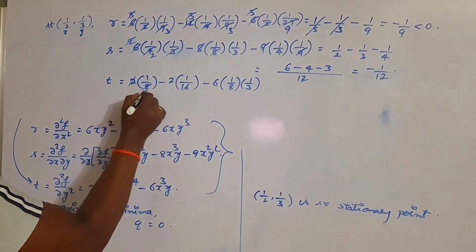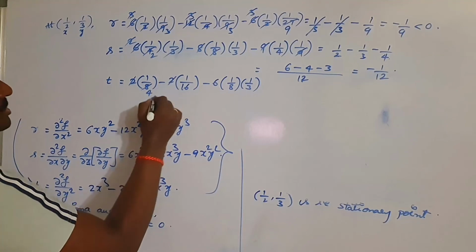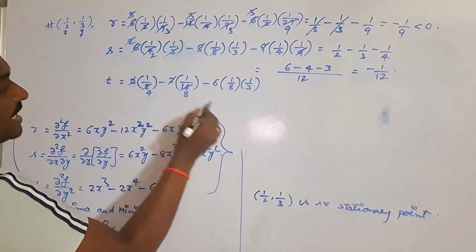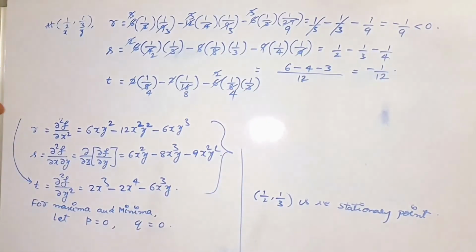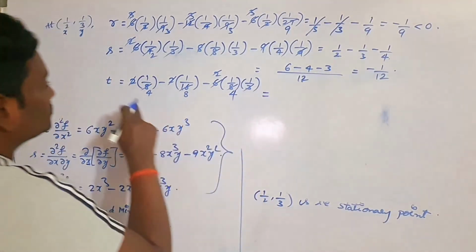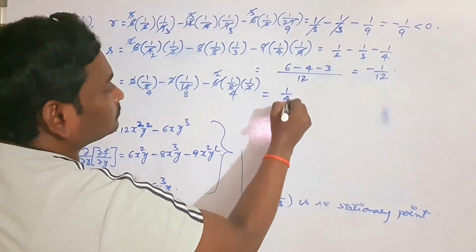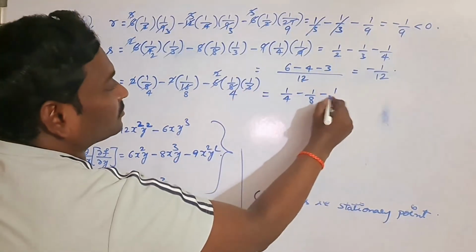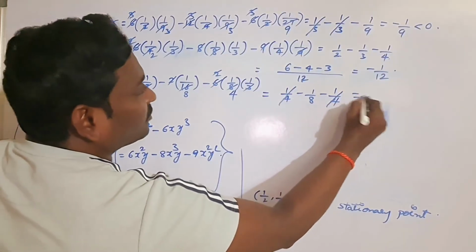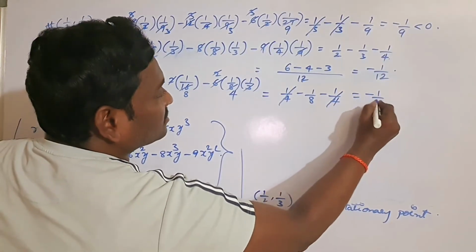So this 2 gets cancelled 4 times, and this 2 gets cancelled 8 times, 2 times, and 2 gets 4 times. Simple calculation. So 1/4 minus 1/8, and this is minus 1/4. So 1/4 minus 1/4 gets cancelled. So you will get minus 1/8.